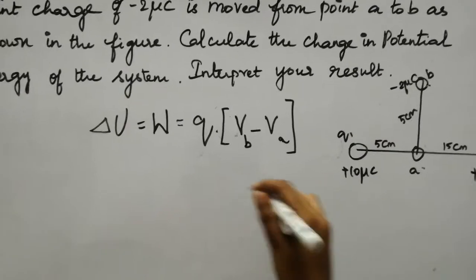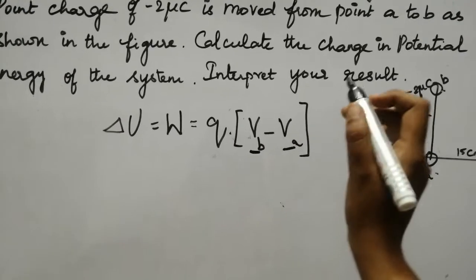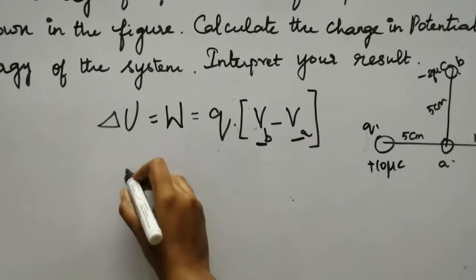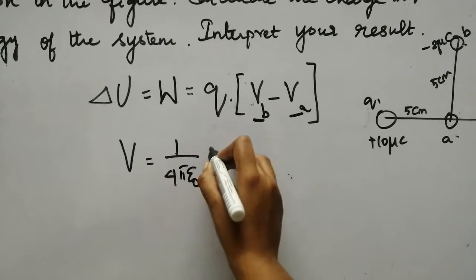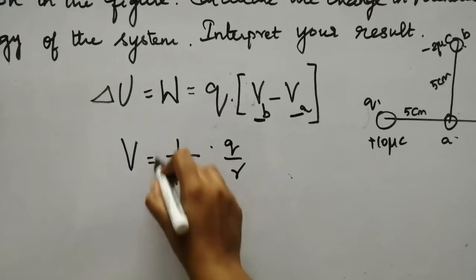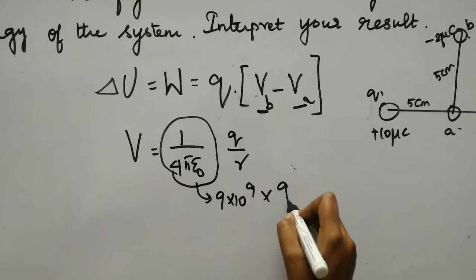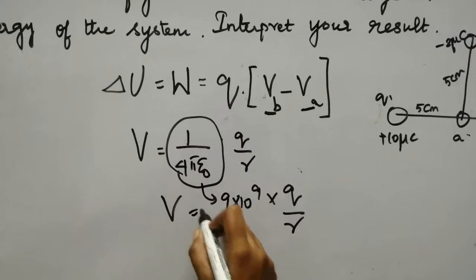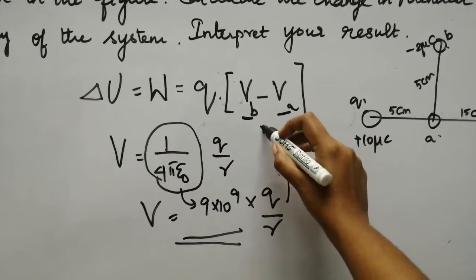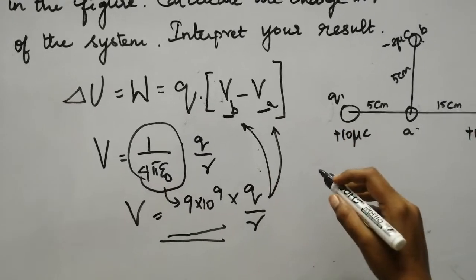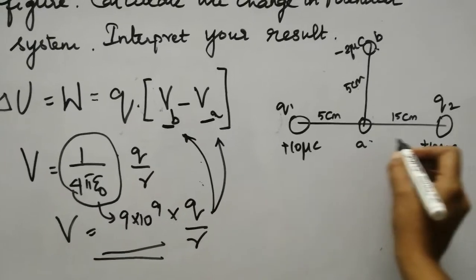So first we have to find the potential value at B separately and the potential value at A separately. We know the potential formula: V is equal to 1 by 4 pi epsilon naught into Q by R, and this 1 by 4 pi epsilon naught is simply 9 into 10 to the power 9. The potential should be found with respect to the charges here.